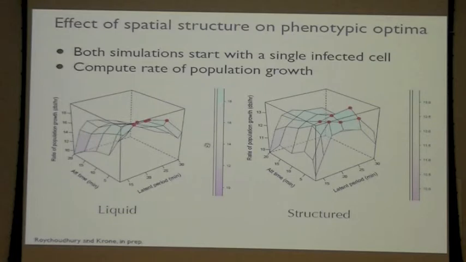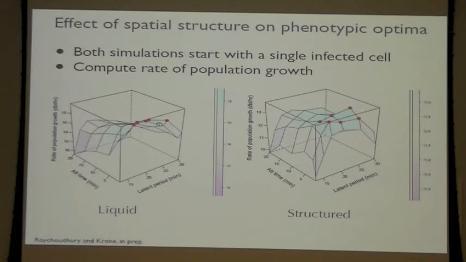And what we found was that if we measure fitness in terms of the rate of population growth in doublings per hour, in a liquid simulation, rapid absorption produces the highest fitness. These red dots indicate the location of the optima, and those points are not statistically significant from each other because the surface represents the mean of multiple simulations.